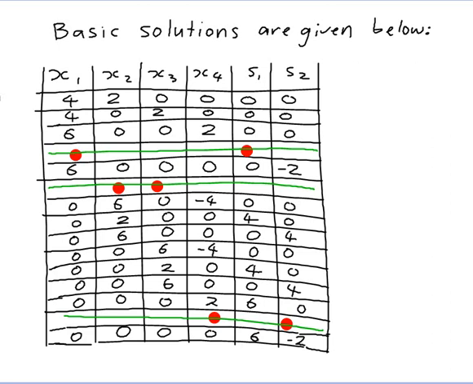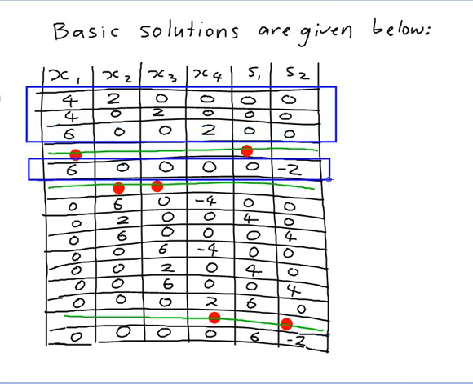So let me pick out the feasible solutions. The feasible solutions will be the ones where all of my variables, including the slack variables, are positive. So I can see 3 feasible solutions here. This one here is not feasible because I've got a -2 here.